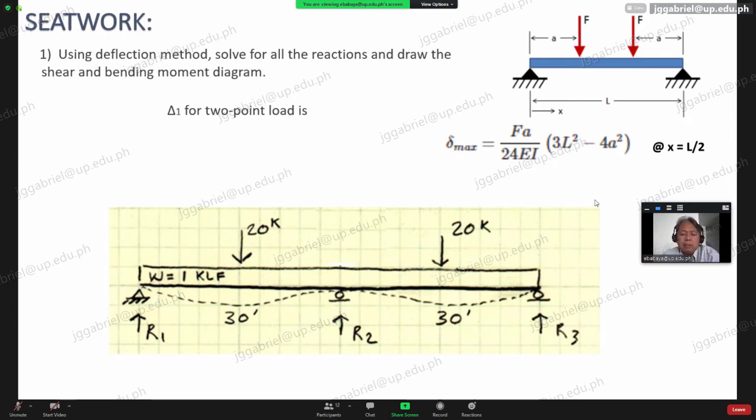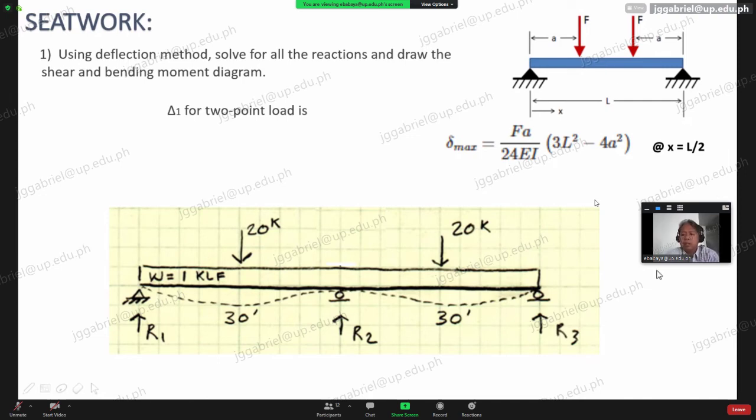So it's very much convenient na ito yung gawin nating redundant support. Okay? So for this formula, A is the distance between the left or right end up to the concentrated load. That's the value of RA. L is the total length. Okay, so we use this formula.